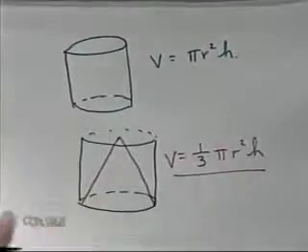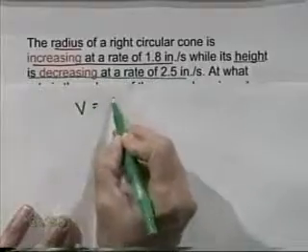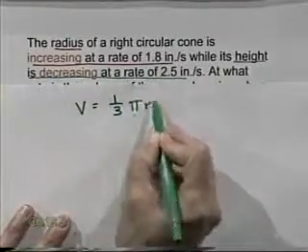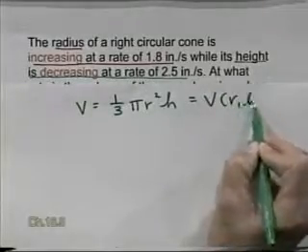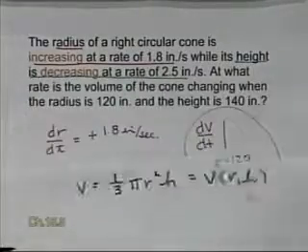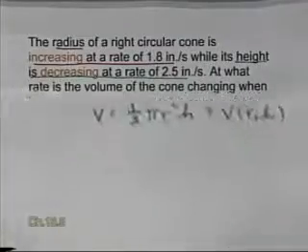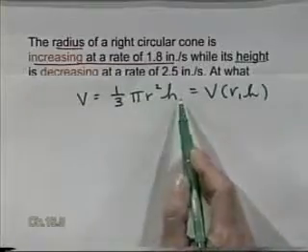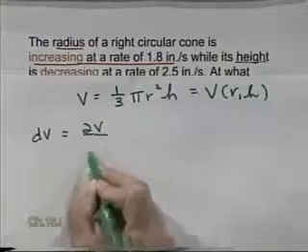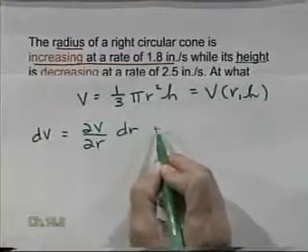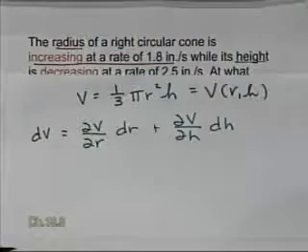So now, you just told me the volume of a cone is 1/3 pi r squared h. Notice, my volume is a function of r and h. They want dv dt, but don't worry about dv dt right now. Let's just worry about dv. Right now, volume is a function of r and h. So dv would be the partial of v with respect to r dr plus the partial of v with respect to h dh.